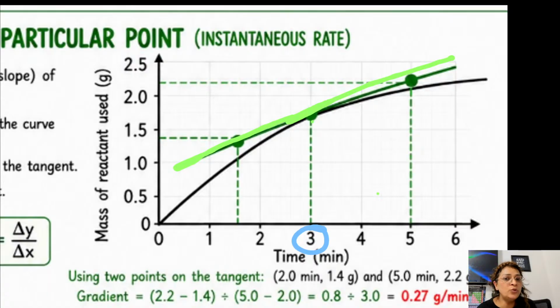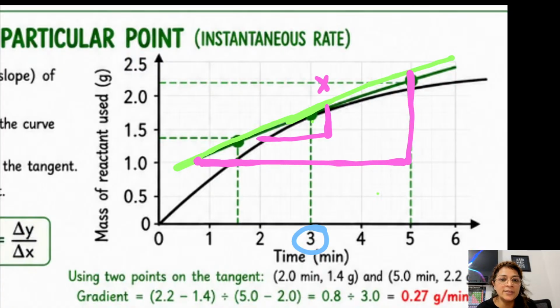Okay, the major mistake people make is this, listen carefully. Normally they draw a small little triangle, which is wrong. Choose two points which give you a bigger triangle, for example, like this.